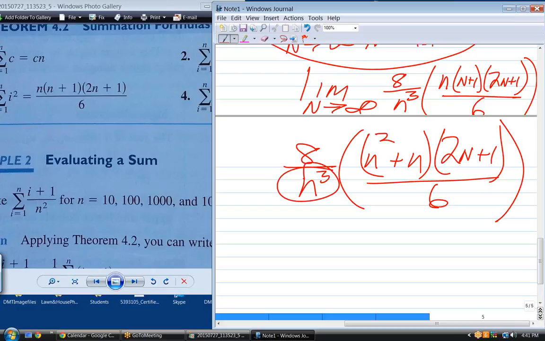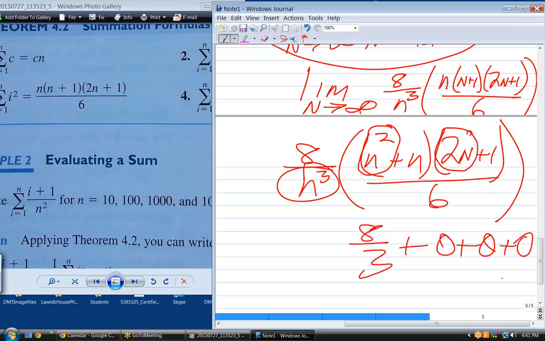So as long as the denominator has an n greater than squared, all of those terms are going to go to 0. The only term that does not go to 0 is multiplying that times that, which gives you 2n cubed. Now that n cubed wipes out this n cubed, and I end up with 16 over 6, or 8/3, plus 0 plus 0 plus 0.